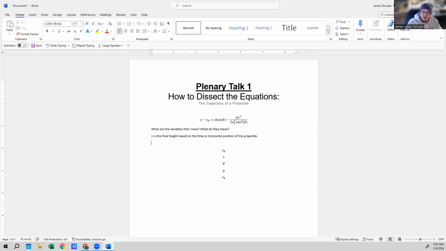Some might say, well, what is a projectile? Or maybe it's rather trivial to some. But a projectile is any object that travels through the air or travels through some medium, most likely air, in the path of a parabola.